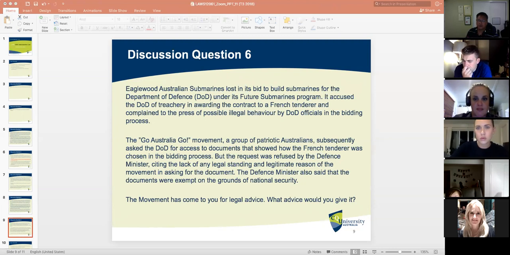Instead, if the focus of the request is really to scrutinize the way that the bidding process was done at the Department of Defense, then there is no reason why the documents will not be given to the Go Australia Go movement.